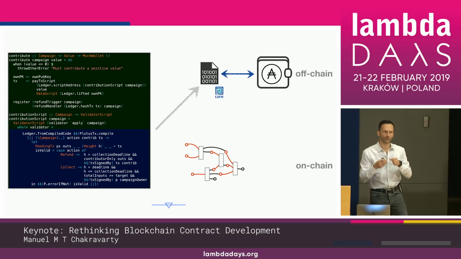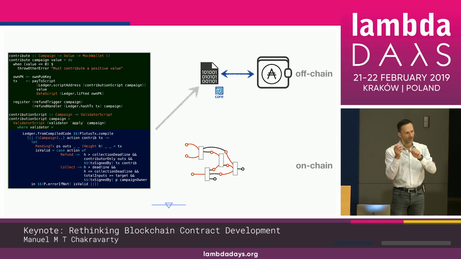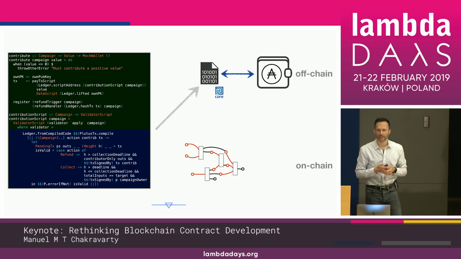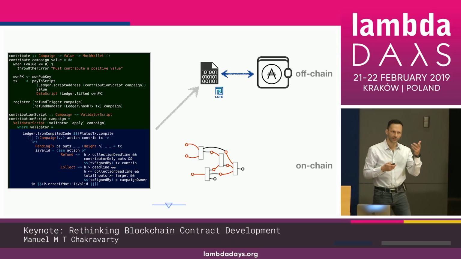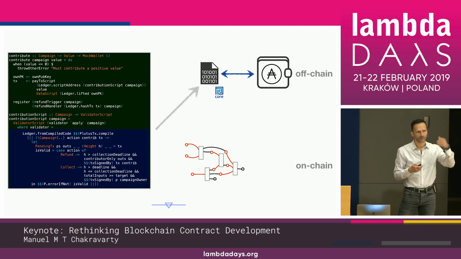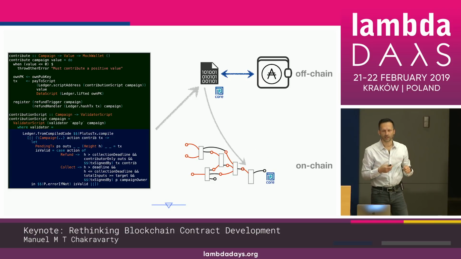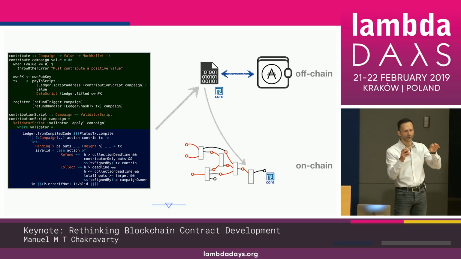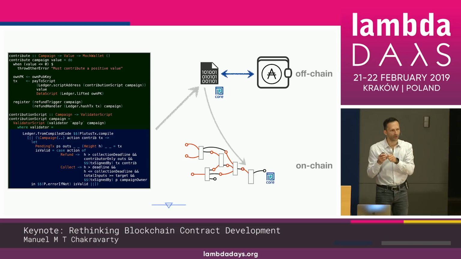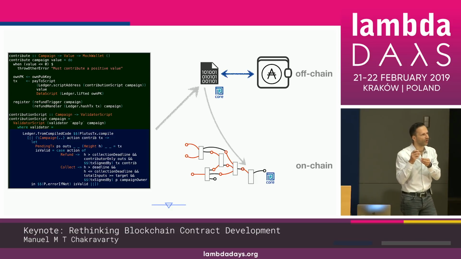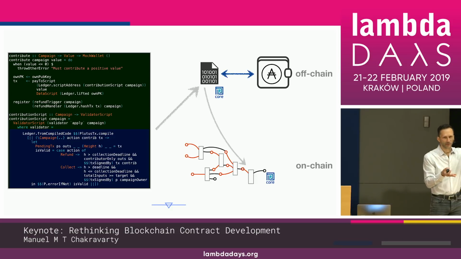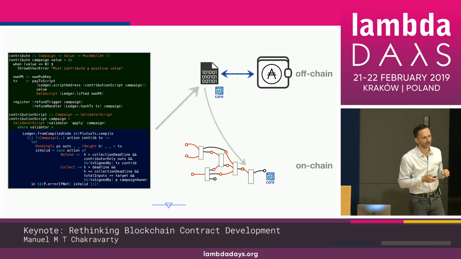And now, if you, for example, want to contribute to this crowdfunding campaign, then this off-chain code runs the Haskell code we've just seen because you click on something in your wallet, and that submits a transaction to the blockchain. That transaction is added to the chain if it's valid, and its output is logged with a little bit of Plutus Core. That's the validation script, the stuff which we wrote in Template Haskell.